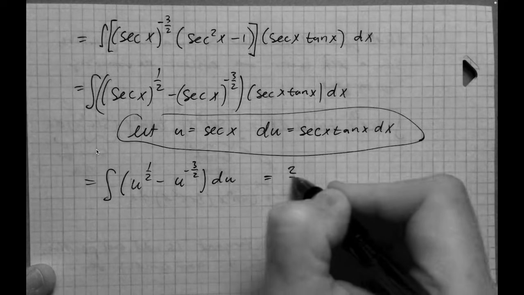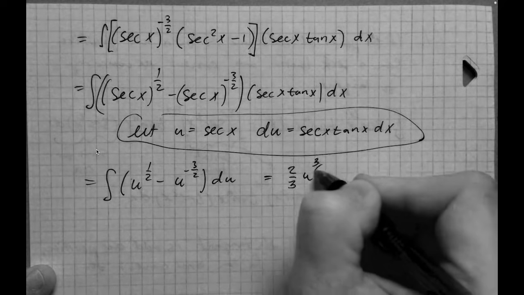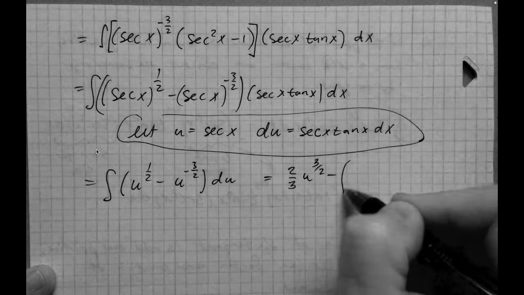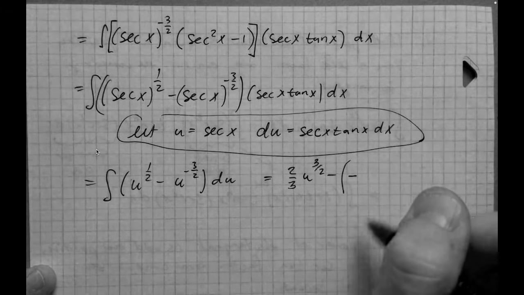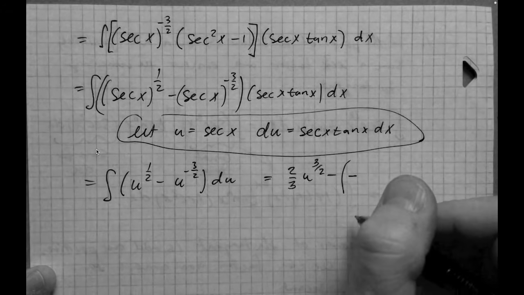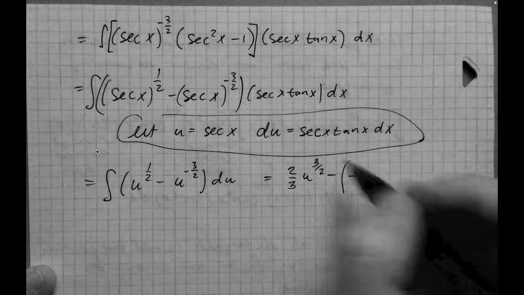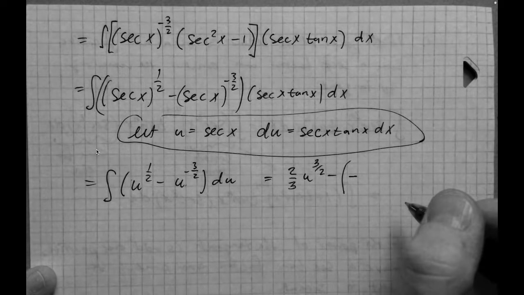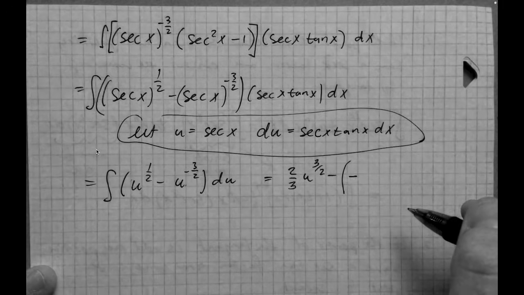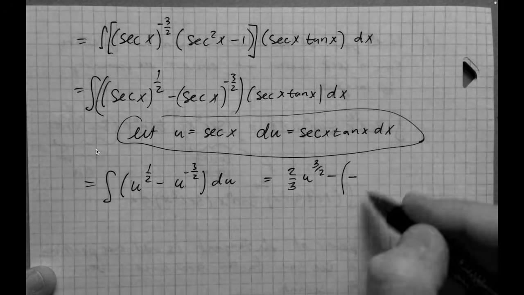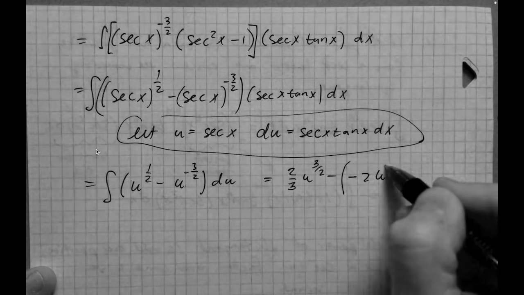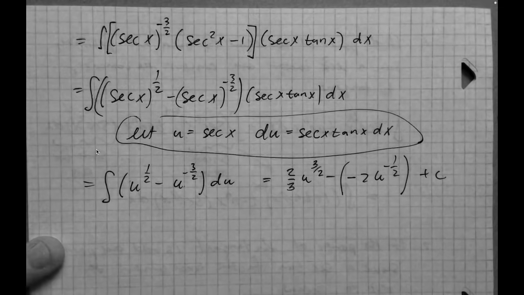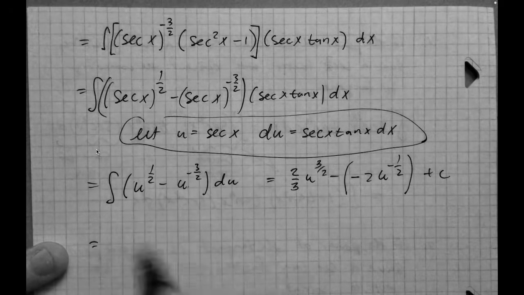So this would be 2/3 u to the 3/2 minus, and then this will be negative, let's see here, 3/2 plus 1 would be negative 1/2. Yep. So it'll be negative 2u to the negative 1/2. Right, like so. Of course, we got a lot of cleaning up to do here still.